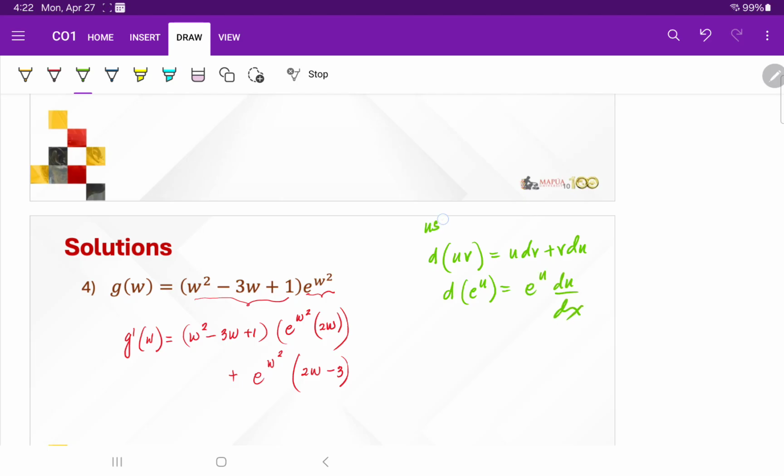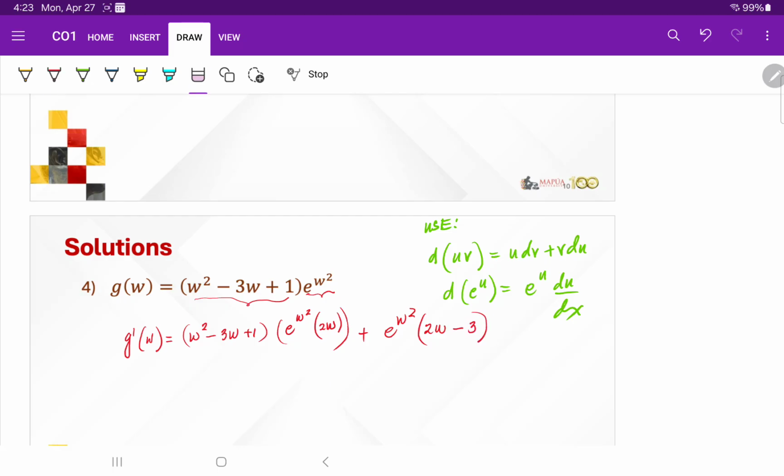So we use these two formulas here. Okay, so let's continue this so it goes straight. So we have plus, okay, so u dv plus v, which is what? E to the w square times the derivative of u, which is 2w minus 3.